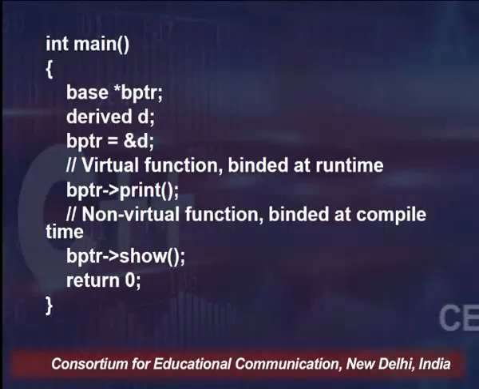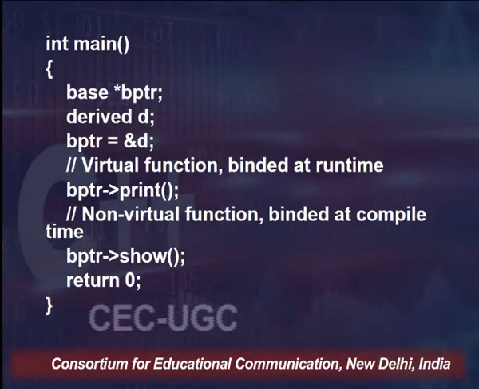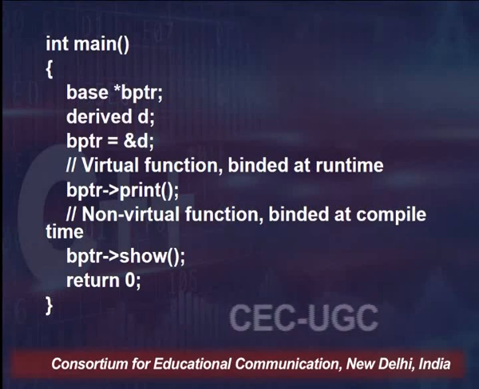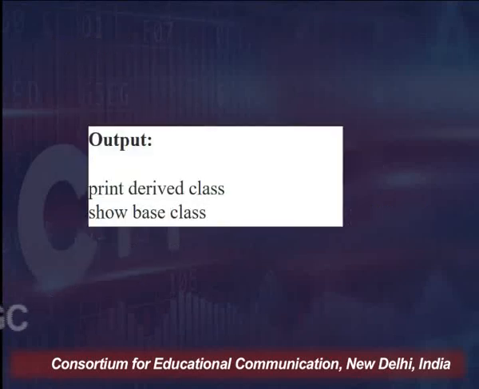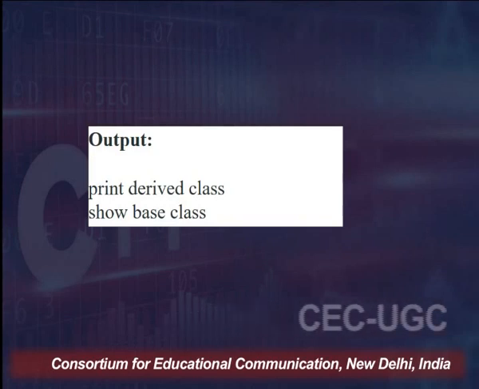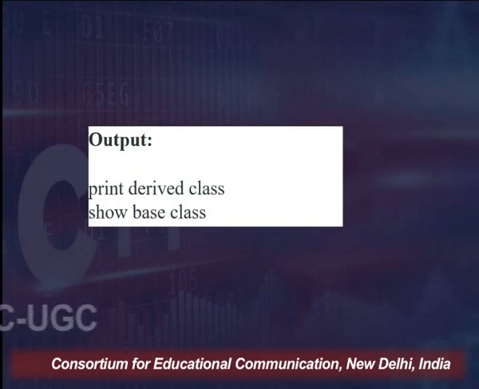So now one function, which is virtual, is print, and another function, which is non-virtual, is show. Now what kind of output are we expecting here? The print function, which is bound at runtime, will say print derived class.